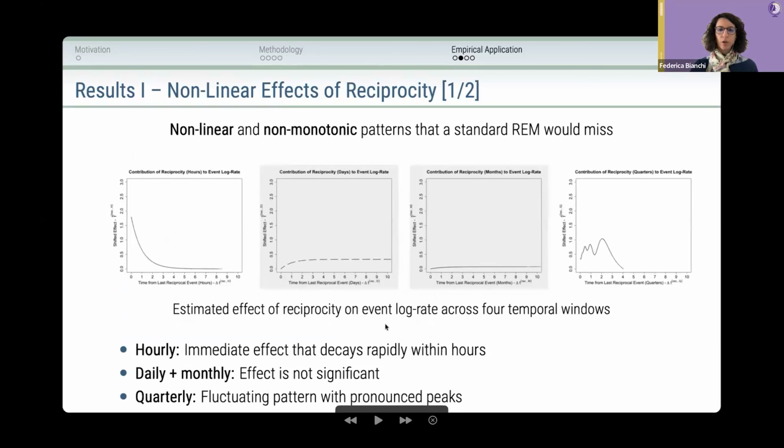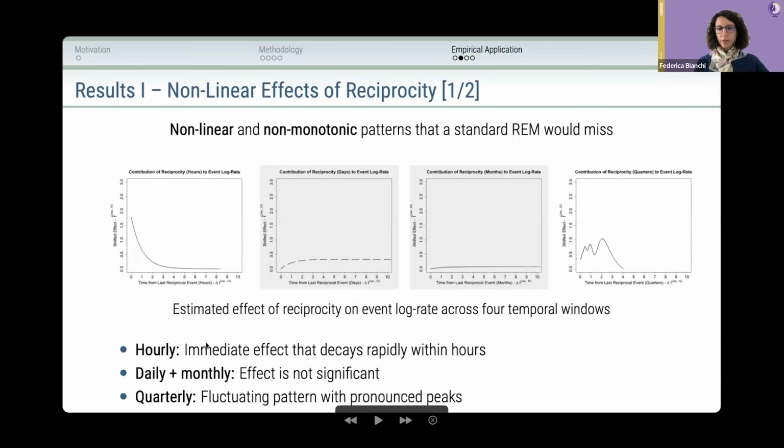our results look. This is always the illustrative case of reciprocity, and here we measure the contribution of reciprocity along the 4 different temporal scales we defined.